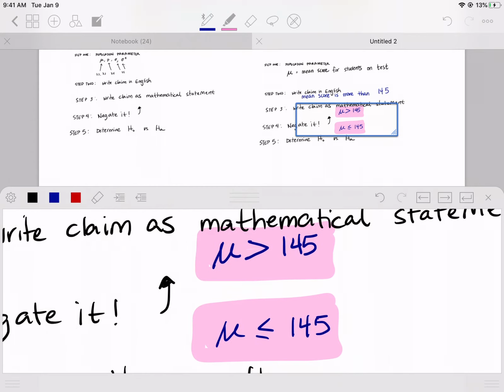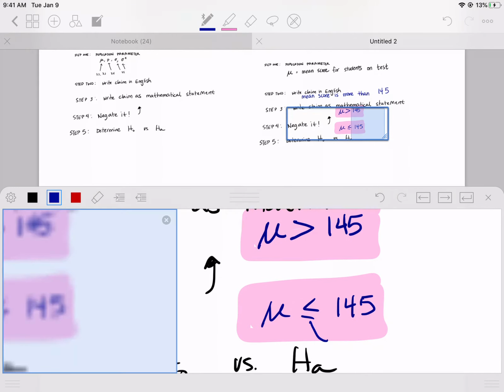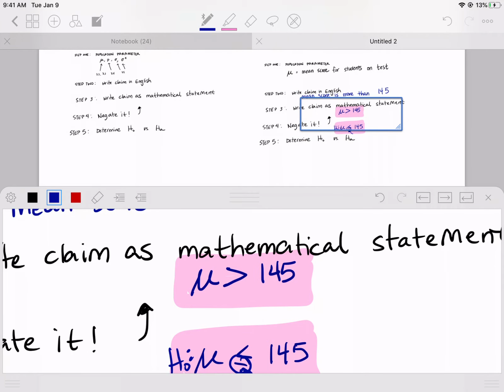For us, the null hypothesis is going to be the statement that contains the equality. So because this statement has that equal sign, less than or equal to, this is going to be our H naught. Our alternative hypothesis always contains the inequality. So to say that mu is greater than 145 is a statement about inequality.